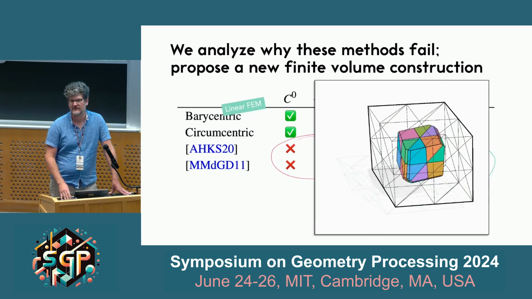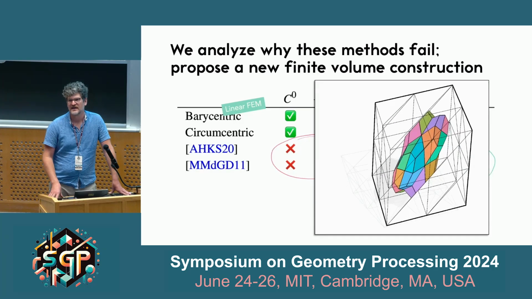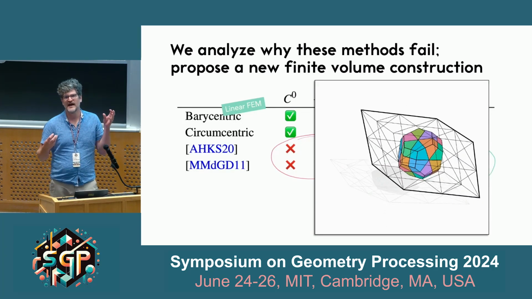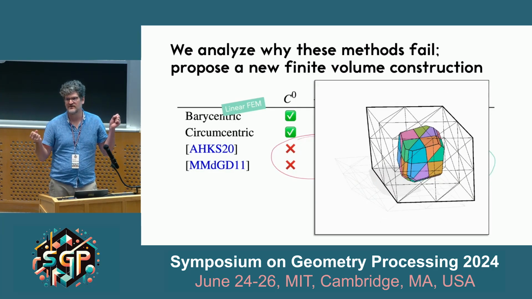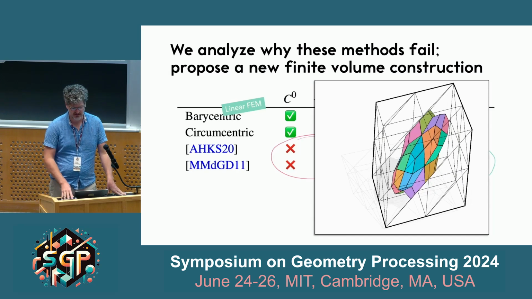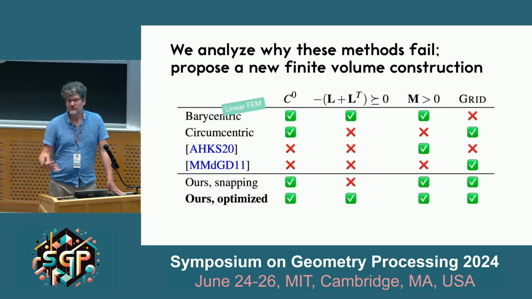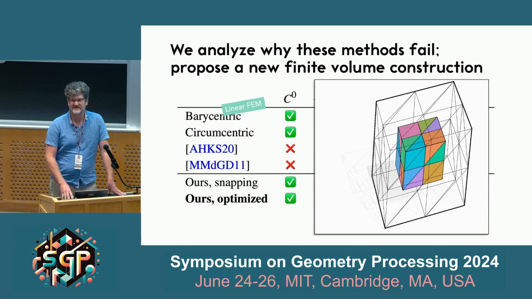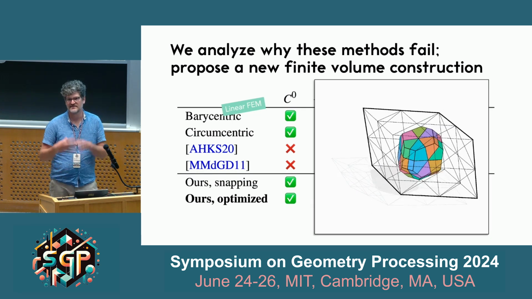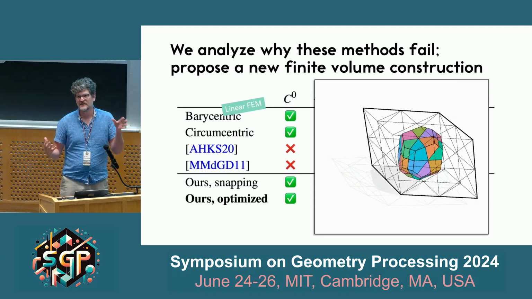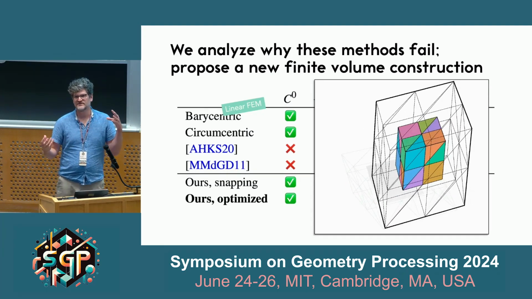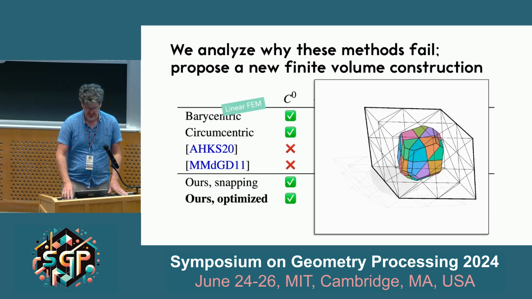And here's an example of that. So we're deforming the grid, and when the grid gets too stretched out, things snap and that finite volume changes shape dramatically. So what I'm going to present today, after a little bit of analysis, is a method that meets all the criteria that I've set out, and we see that change here as the tetrahedral mesh is changing, the finite volume is adapting to the change in shape, and it does so continuously.